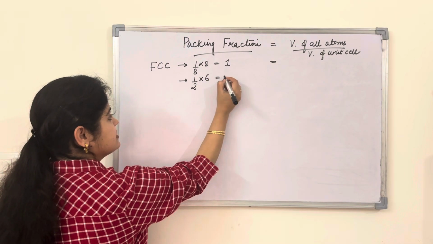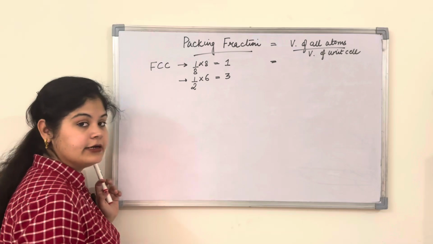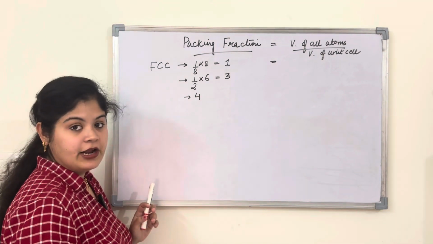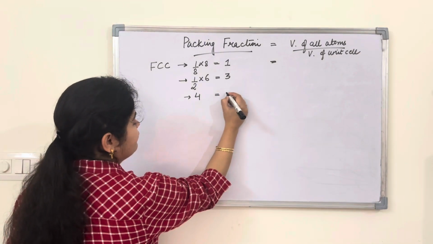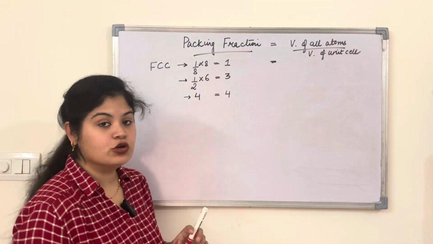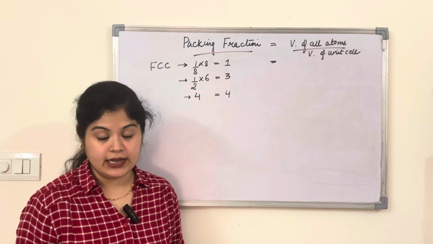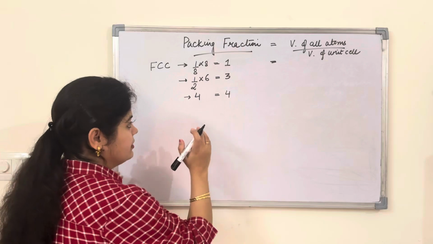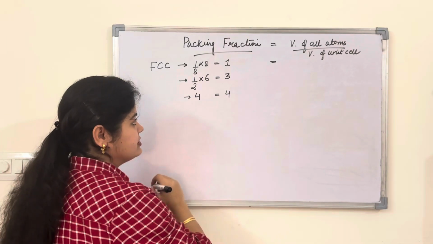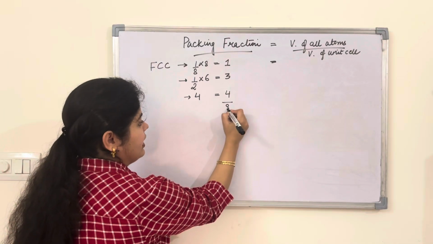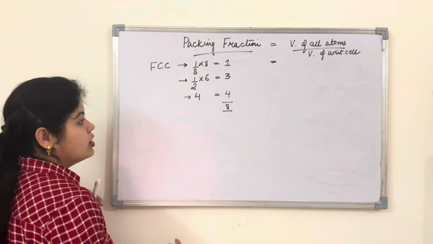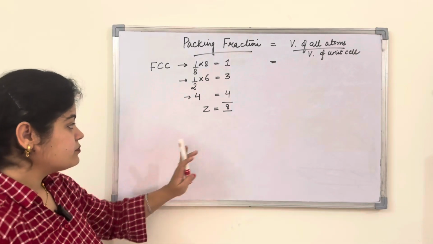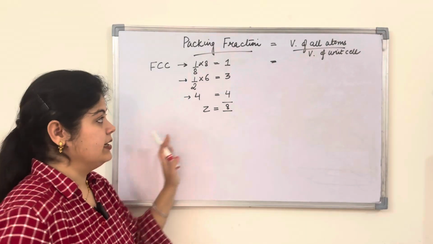So half into 6, 3 face centered atoms, and we have 4 atoms which are at the tetrahedral positions. Those tetrahedral atoms contribute fully towards the unit cell. They are completely inside the unit cell. So total we have 8 atoms. Z is equal to 8 in diamond unit cell.